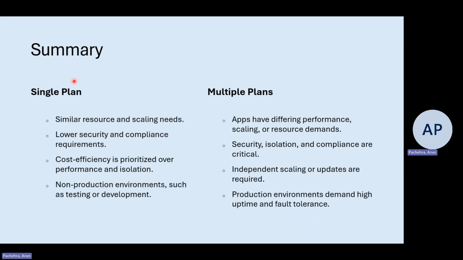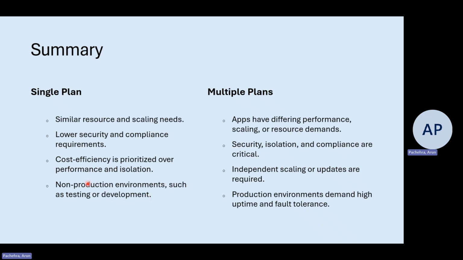So, where do we choose a single plan for multiple apps? Similar resource and scaling needs, lower security and compliance requirements, cost efficiency prioritized over performance and isolation, non-production environments such as testing or development.